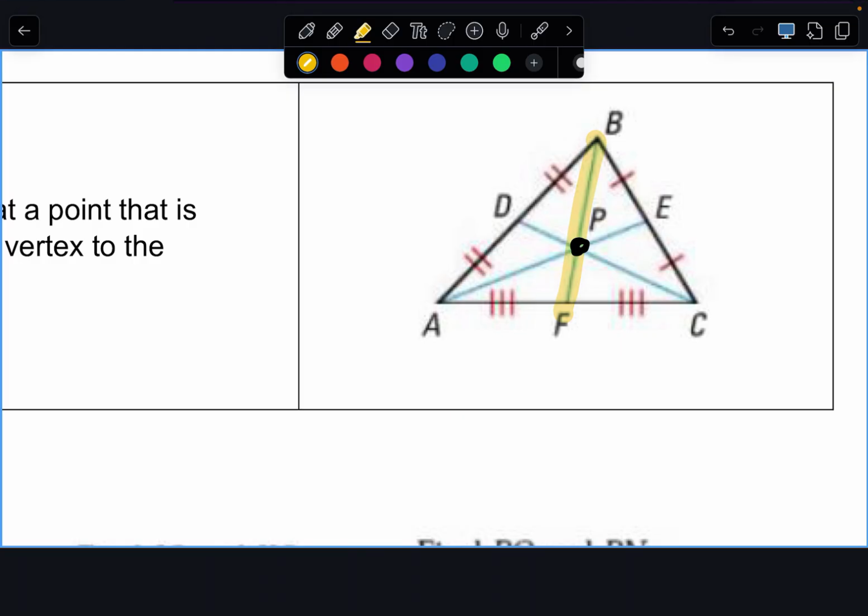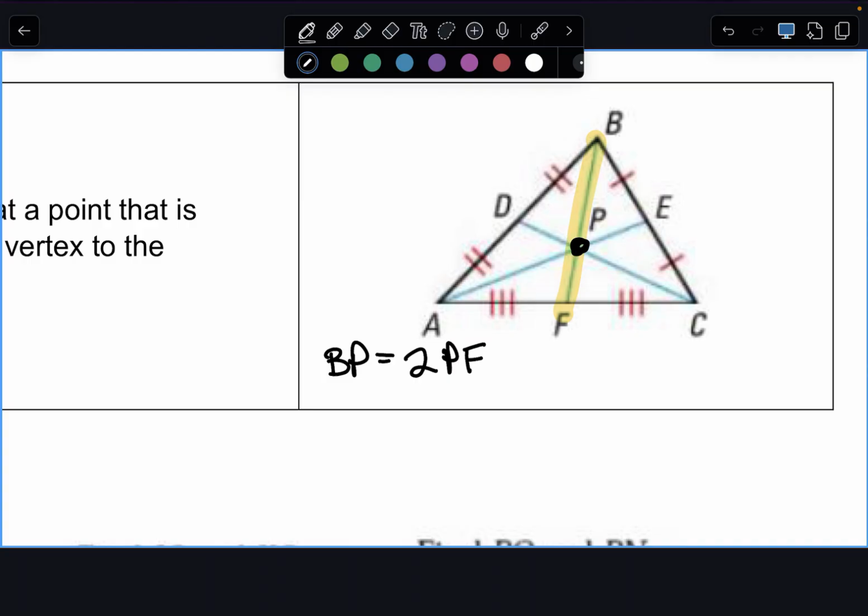And you're right, it is. From the vertex to the center is bigger. It is double. BP is double, 2 times the other piece, PF. That's one thing our theorem tells us. Okay? Vertex to the center is double our midpoint to our center.